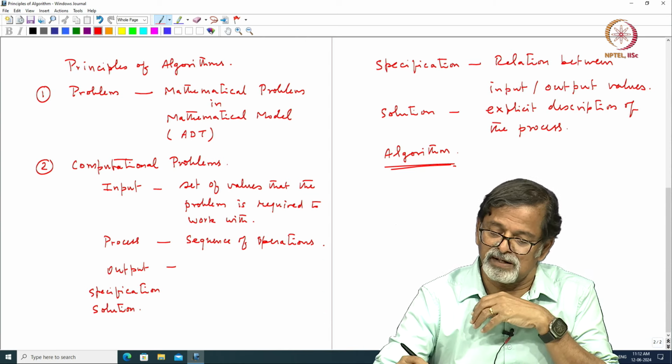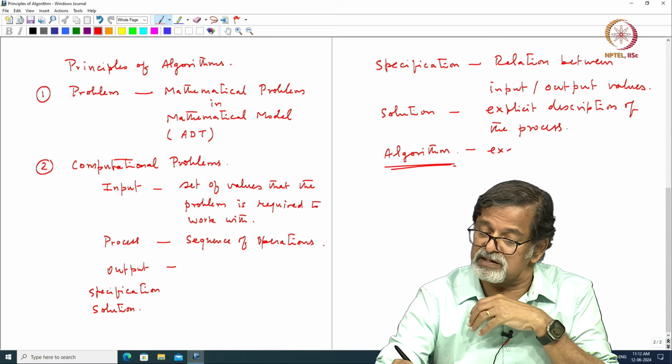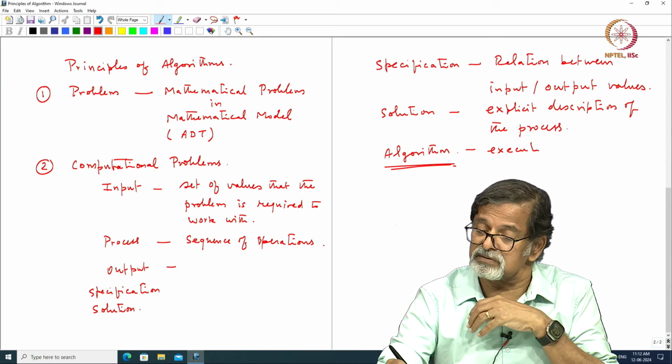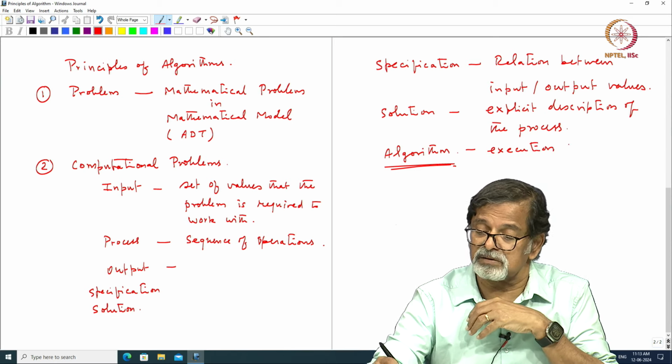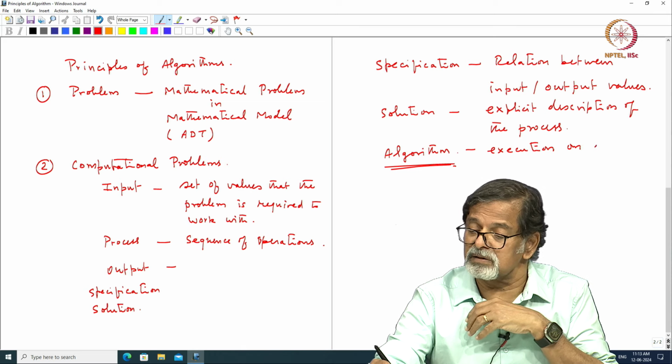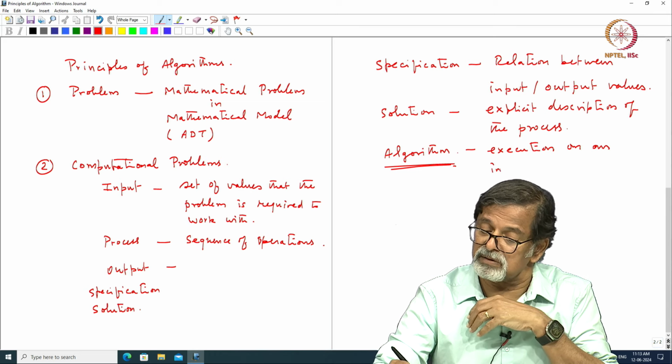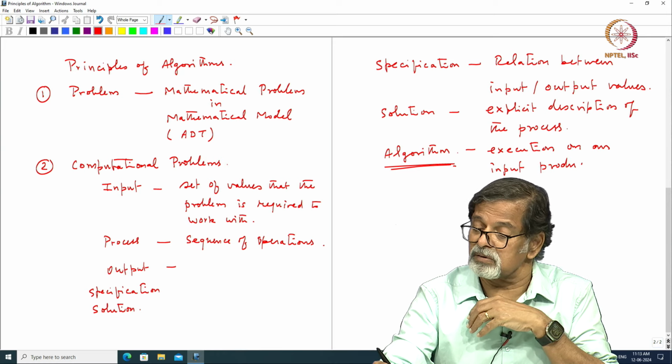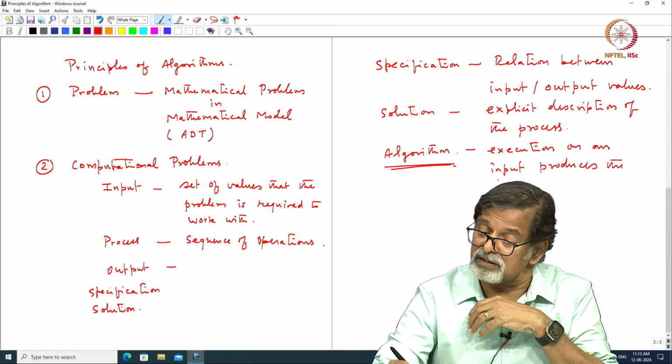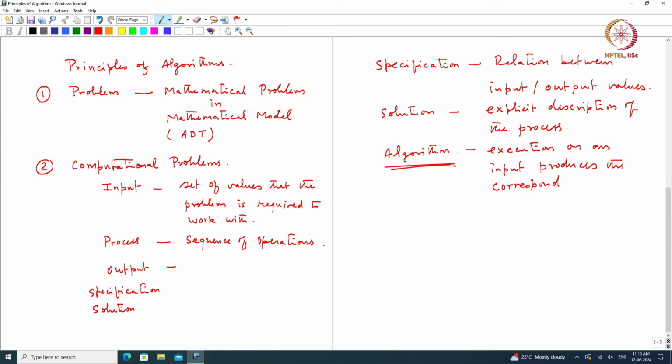An algorithm and its execution on an input produces the corresponding output.